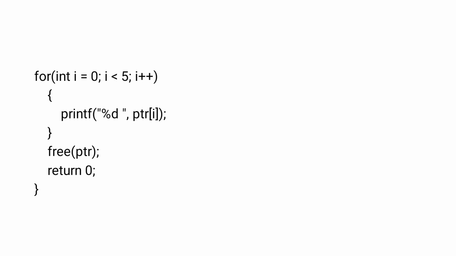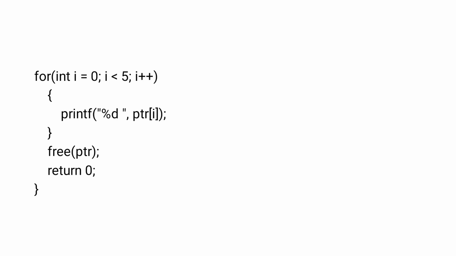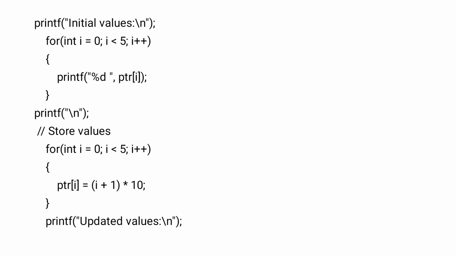That means here we are going to see the initialized value before storing any value. We already know that in calloc the memory is initialized with 0. That is what we are going to see. After that we are going to store some values, and after storing, we will see the new updated values.